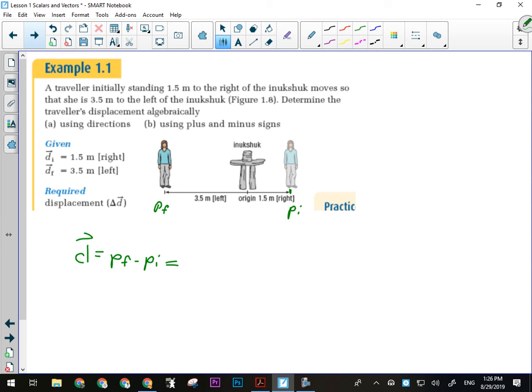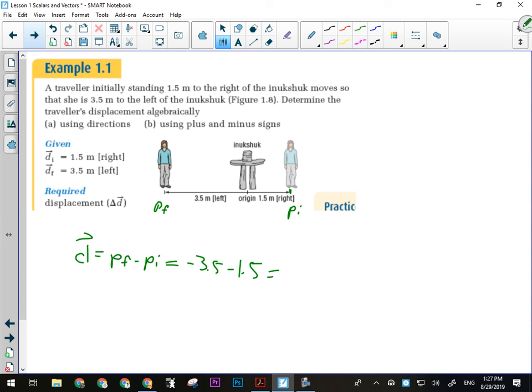But one of my positions is to the right of the Inukshuk, the other is to the left. So I have to make one of them positive, one negative. If I'm going to do this mathematically, I have to assign a positive value to something and a negative value to the other. Typically, we say right is positive and left is negative. So I would say here, negative 3.5 minus 1.5.